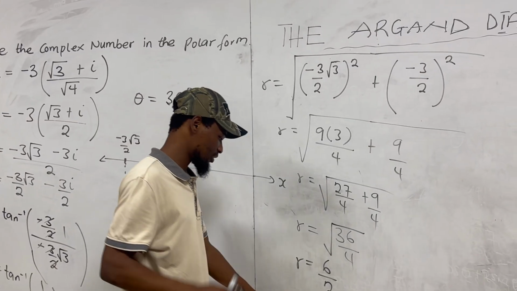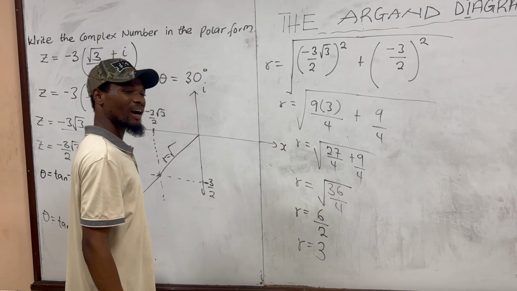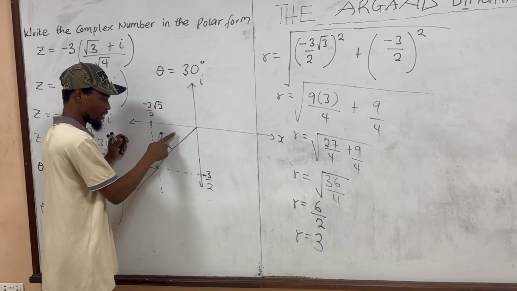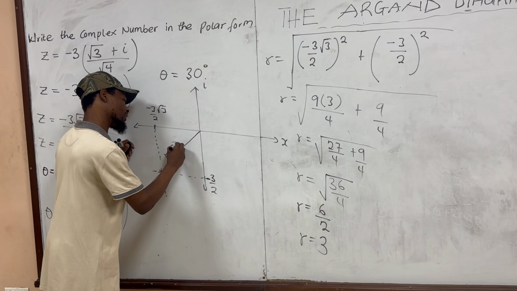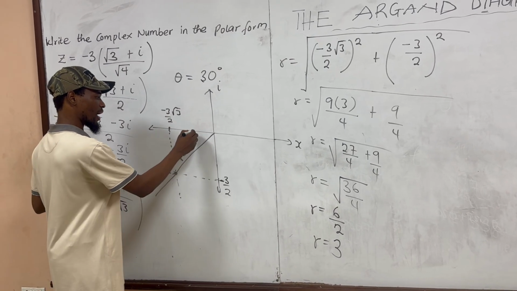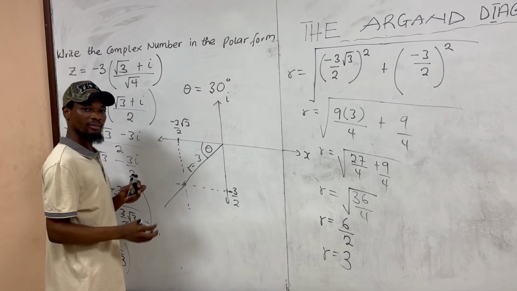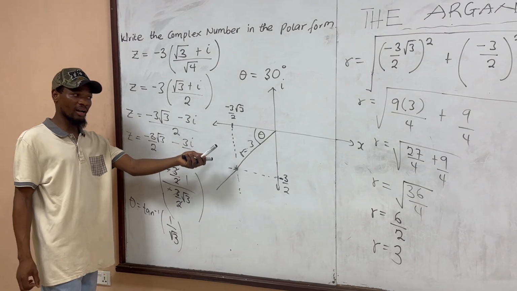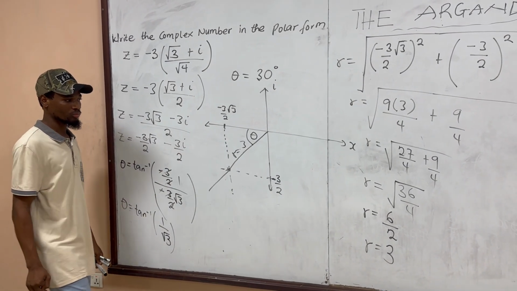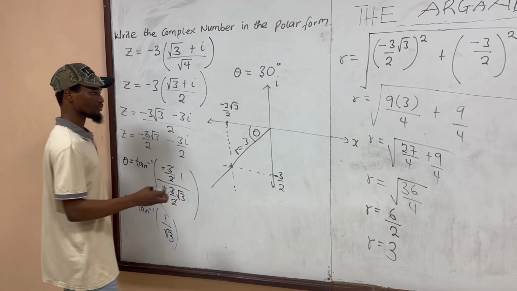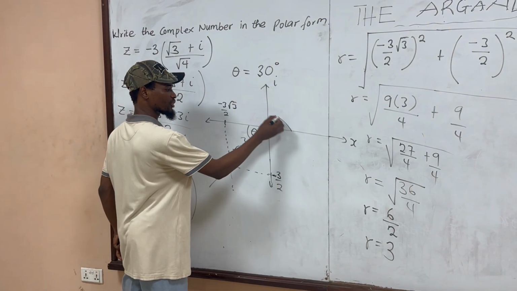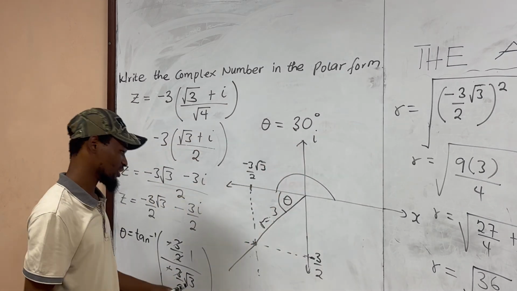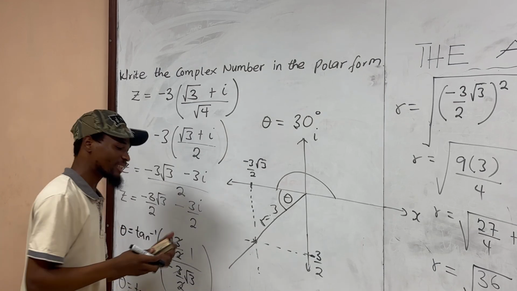So therefore we have the modulus and we have the angle. I can say that my r is equal to 3, and this will be my angle theta. So you ask yourself, is this the actual angle? Yes or no? From the Argand diagram, we can tell. From this region to this region, you have theta equal to 30 degrees when you compute this. So is this the actual angle or not?